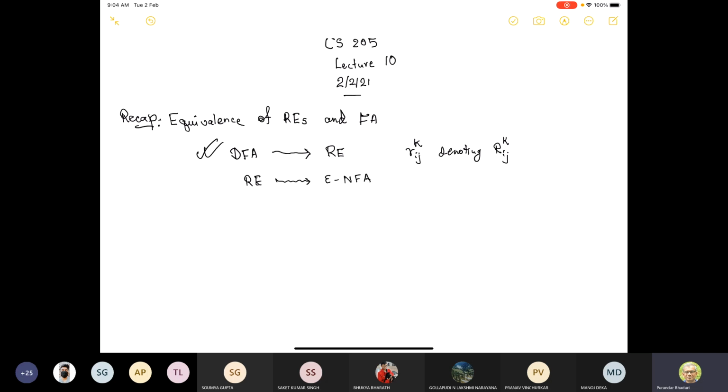I mean, it's easy to figure out because let me first write down the theorem formally.